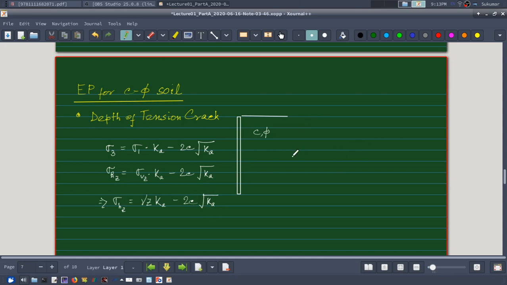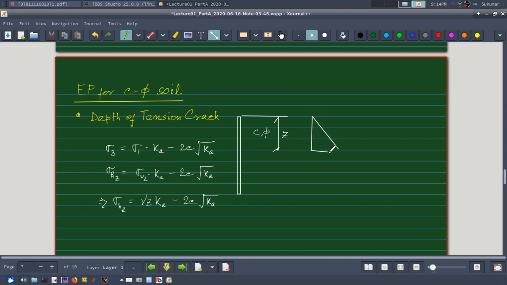Okay, therefore if I consider at a depth z any point, say this is my z, therefore my earth pressure, one part will be this triangular part.